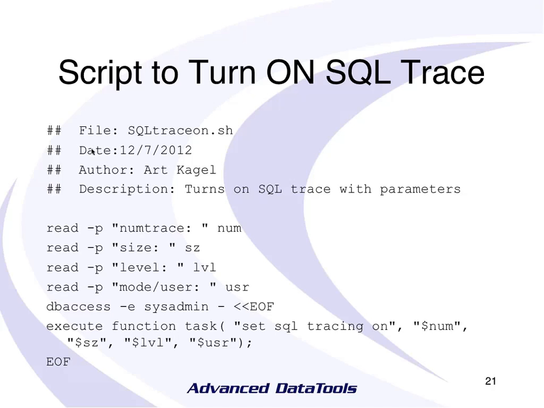It's a nice quick way to turn it on and off for your environment. And this is really what you need to do: get a couple of scripts like this that you can use to set up SQL tracing in your environment so that when you want it on, you can turn it on very quickly, and when you've got your information, turn it off very, very quickly.